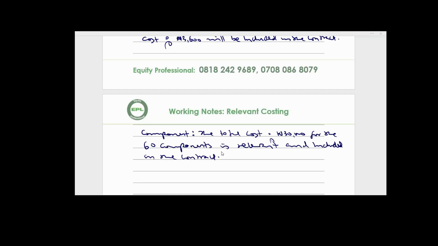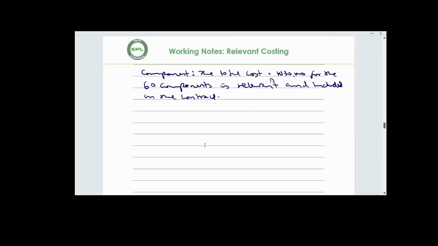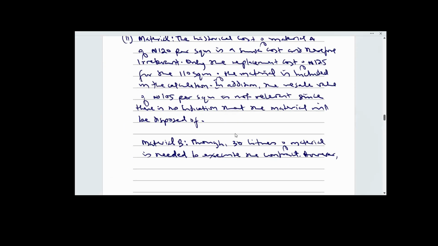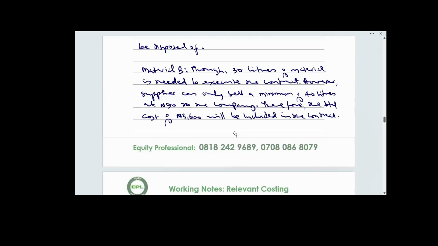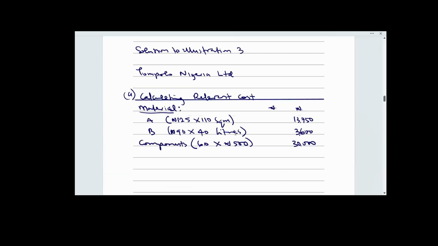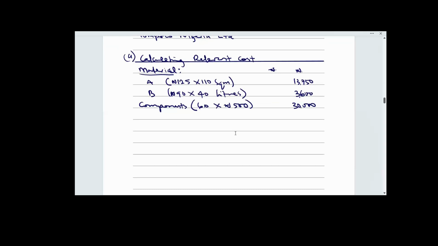So all you need to do generally, let's quickly do that because of time. Under labor, we are going to select the lower cost, so you choose the lower of number 1, overtime.